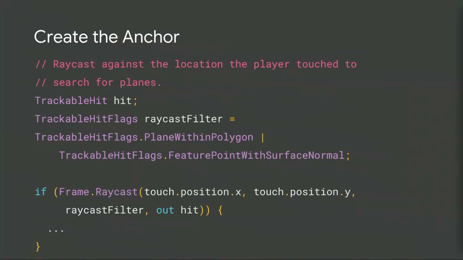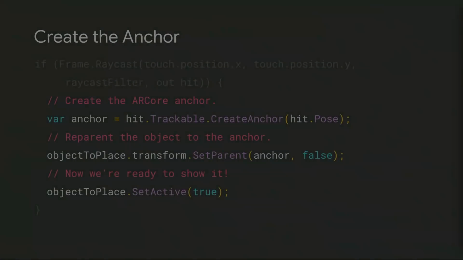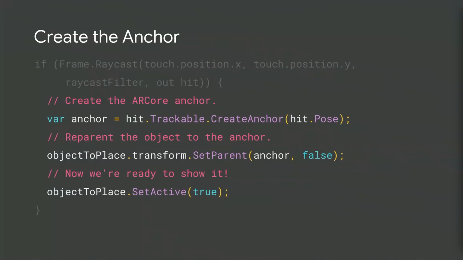And when you do a raycast, you can figure out exactly what the pose of the raycast hit is. And that's what you use to create the anchor. Once you have that, you create the anchor. And then finally, you're going to set the object's visibility property to true so that the object begins to render. And that's all there is to it. Just import from Poly, set the anchor, and now you have this object in your AR scene.